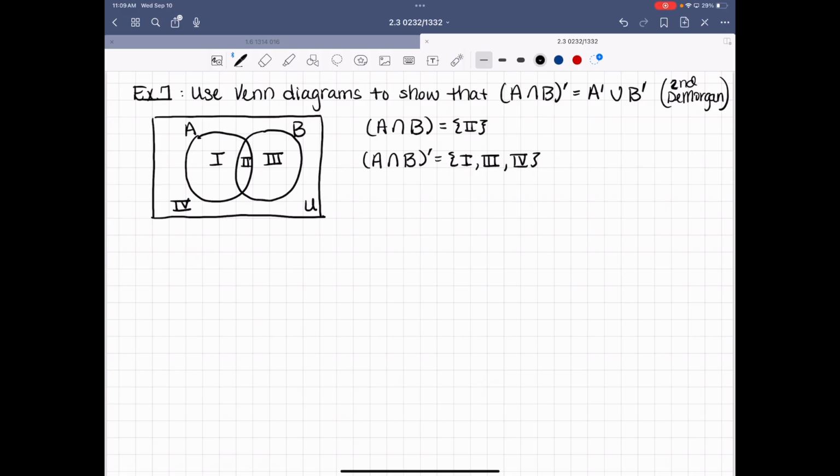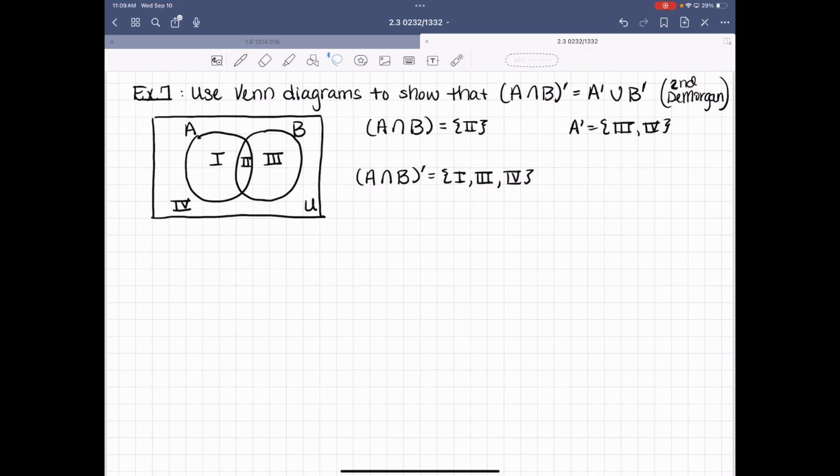Okay, so that's A intersection B complement. So now I need to do the union of A complement and B complement, okay? So what's A complement? 3 and 4. Good. I'm going to move this down so it stays in line together.